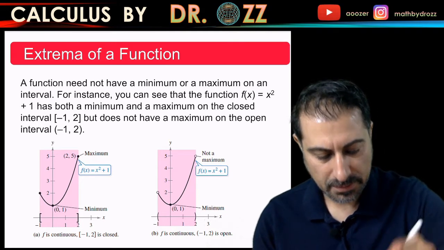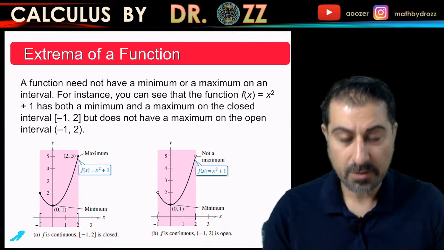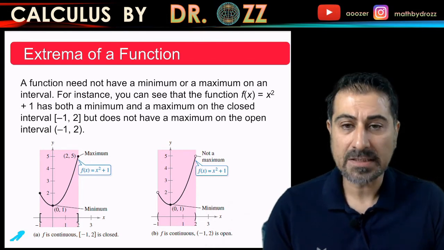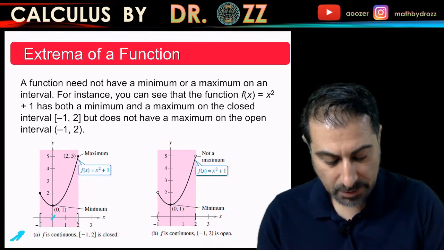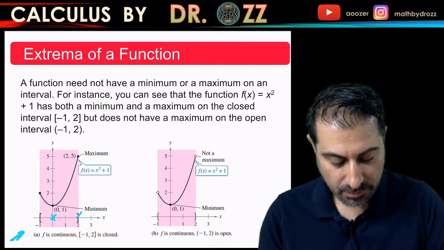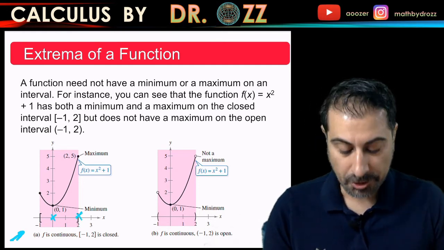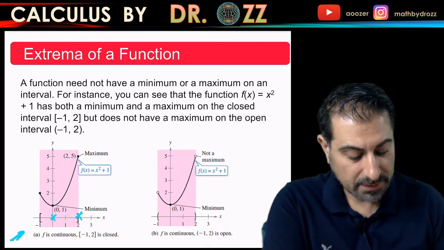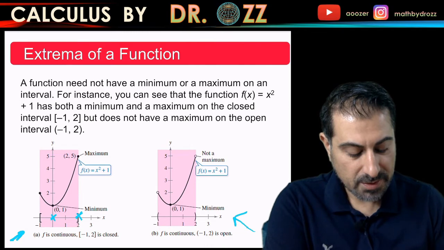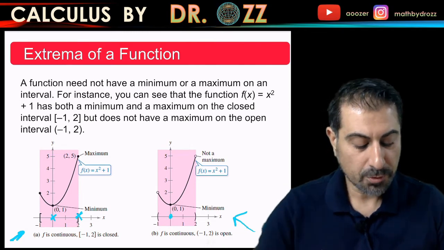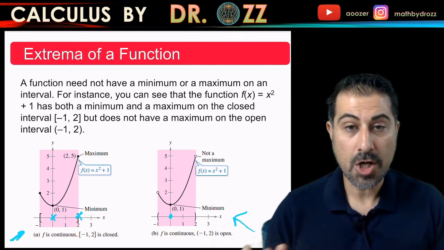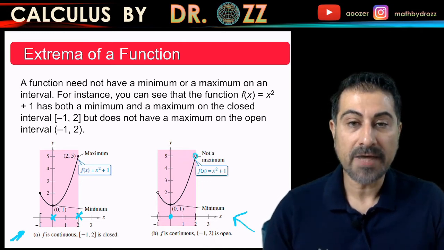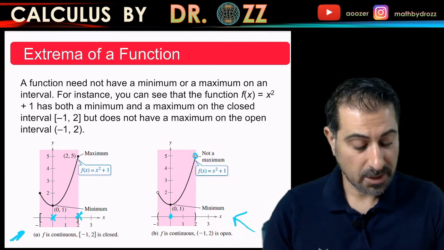For example, in the first function, the graph has the minimum and maximum happening at x equals 0 and x equals 2, one at an interior point and one at an endpoint. However, in the second example, the minimum occurs at x equals 0 and there is no maximum because there's a punch and that value 5 will never be achieved.